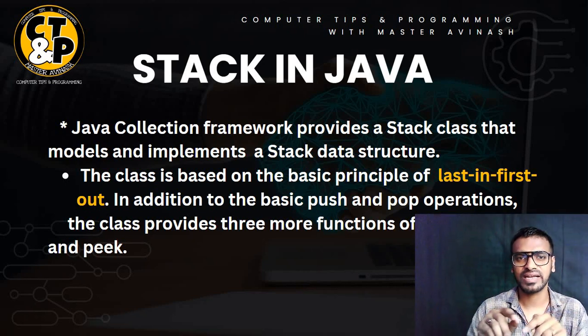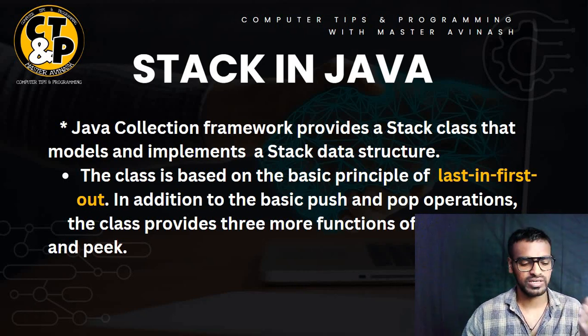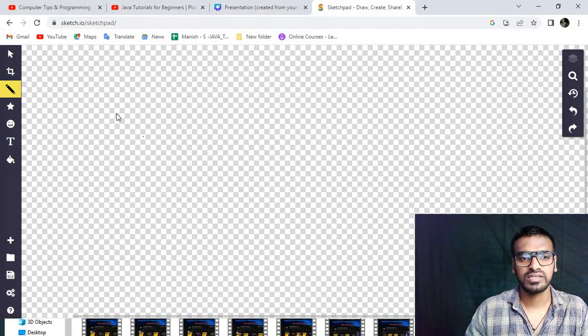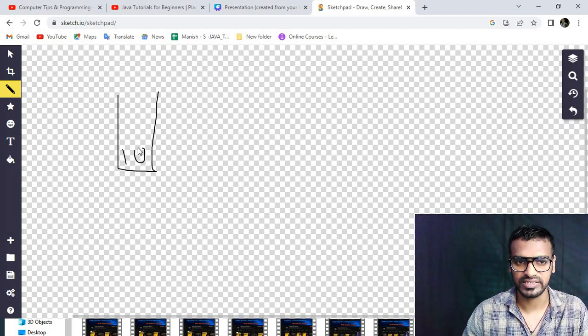See, there is one bucket. If you are inserting your data, the first data will go down. Let me explain through another way so you will get things properly. See, this is your bucket, and you are inserting some data here. Like you inserted integer 10, and the 10 will go down.